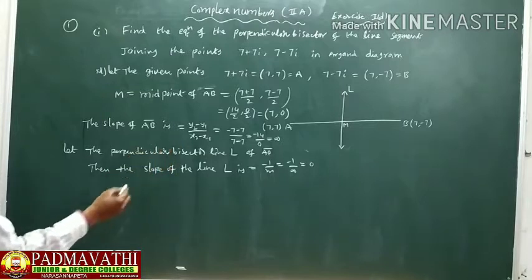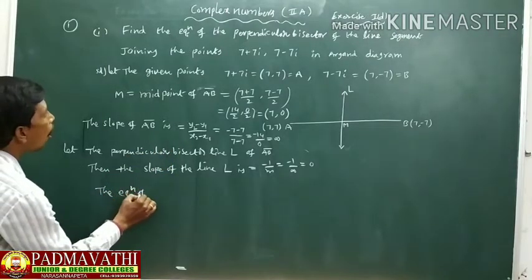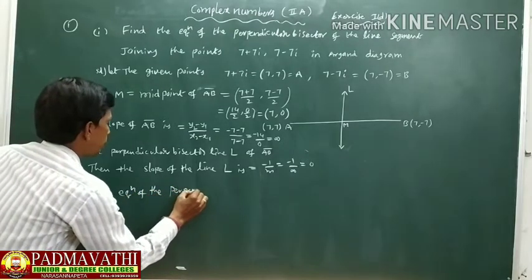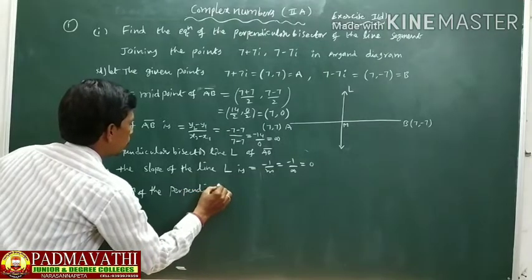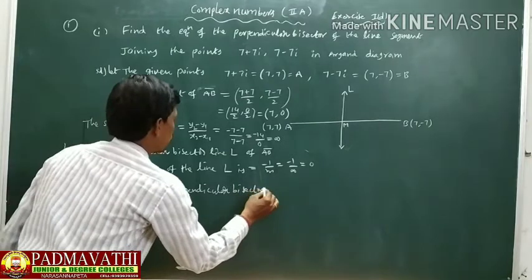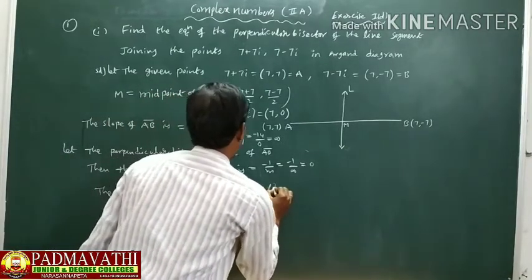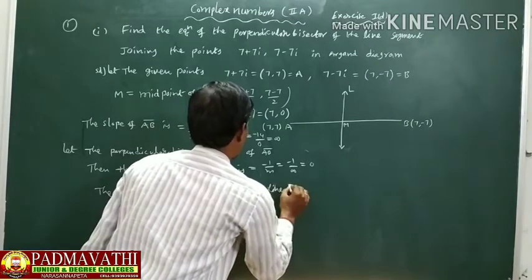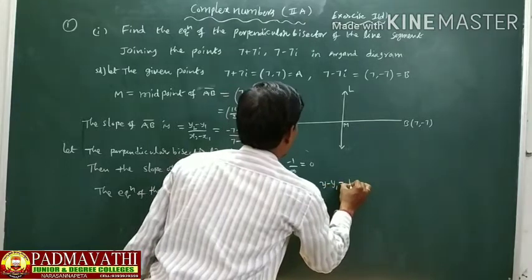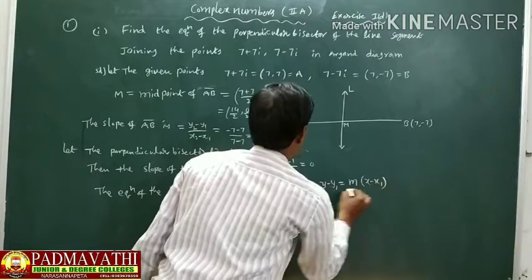So, the equation of the perpendicular bisector line L is y minus y1 equals m into (x minus x1), that is the formula.